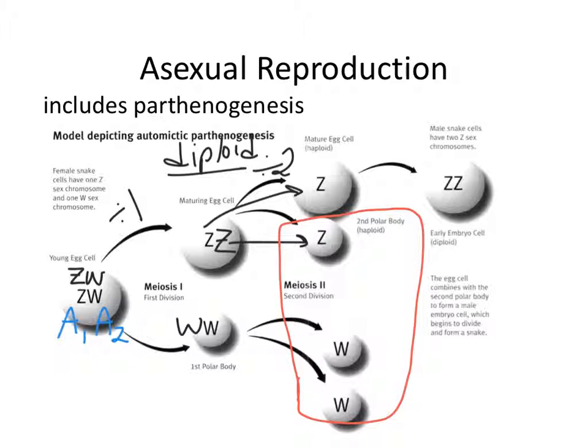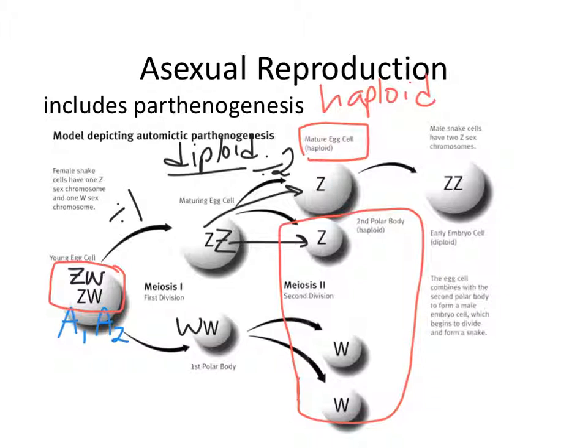They're not able to be fertilized. Okay, so we've got one mature egg cell, we've got three polar bodies. Each of these cells is haploid. So we start with 4 sex chromosomes in the first cell, 2 Z's and 2 W's, and we wind up, after meiosis, with 2 Z's and 2 W's in the 4 cells that are produced from meiosis. So we've got a good accounting of all the chromosomes that are supposed to be there.